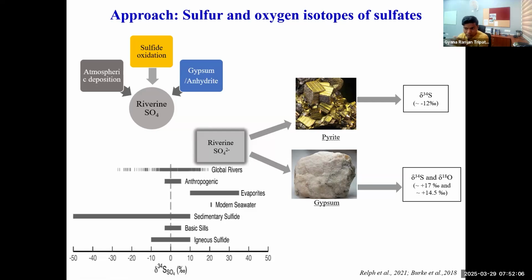These are typical numbers, but if you see the real trends, they vary quite a bit, and that's why sulfur isotope alone may not be sufficient. You may have to look for some other chemical or isotopic proxies, and one of those successful isotopic proxies is the oxygen isotope of the sulfate.